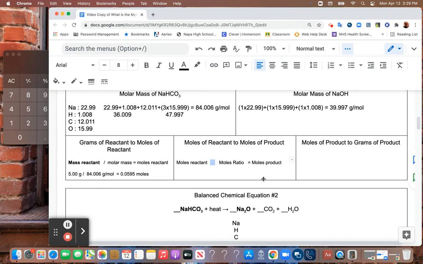According to your guided notes, do you multiply or divide by the mole ratio? Yeah, multiply. Question: what the heck is the mole ratio?